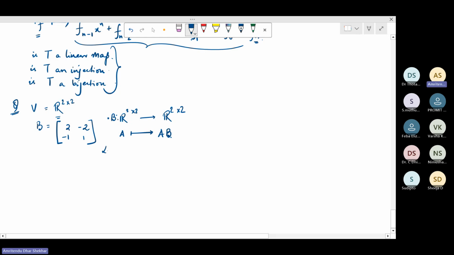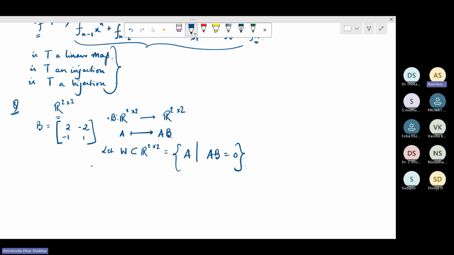So to define some subspace, let W be the subspace of R^(2x2) which consists of all the matrices A such that AB is equal to 0.